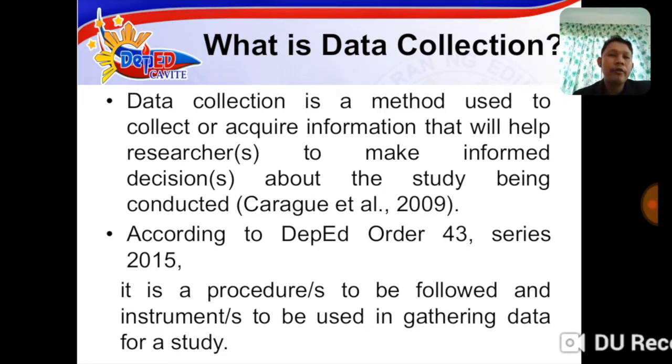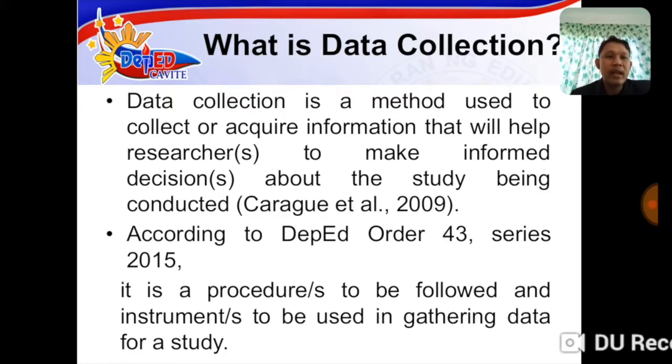Before we go on further, we are going to deal first with, of course, what is data collection? What is the point of data collection? Data collection is a method used to collect or acquire information that will help researchers to make informed decisions about the study being conducted. That is according to Carage et al. 2009.